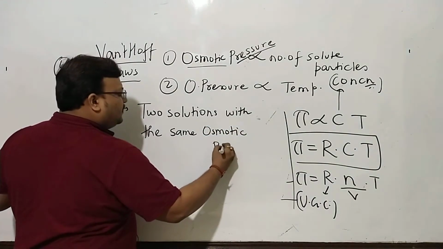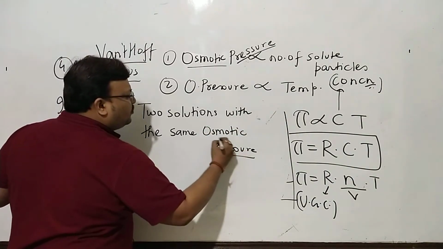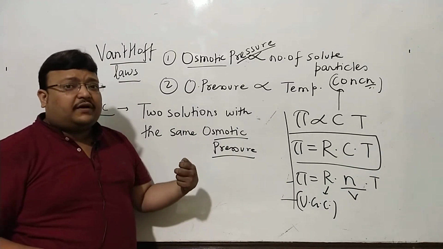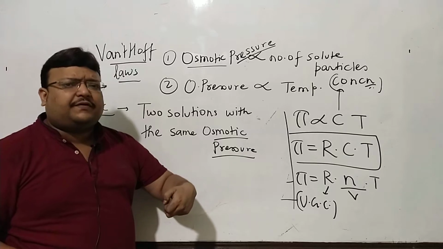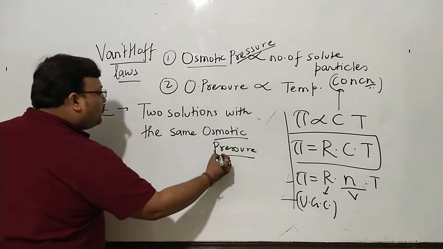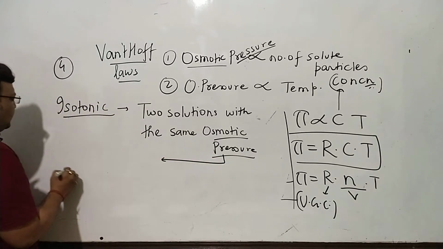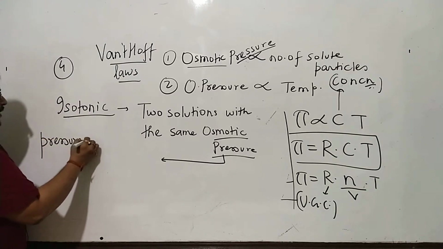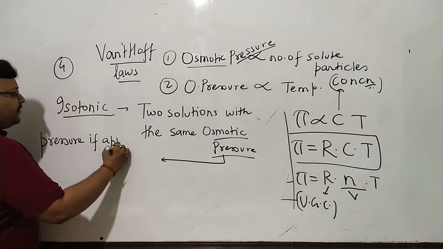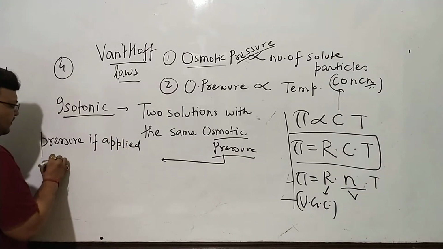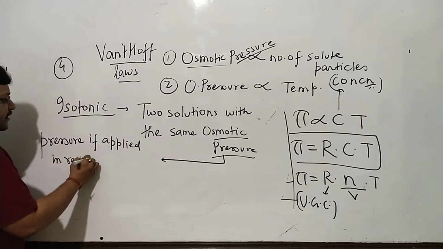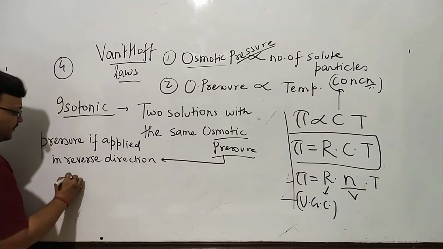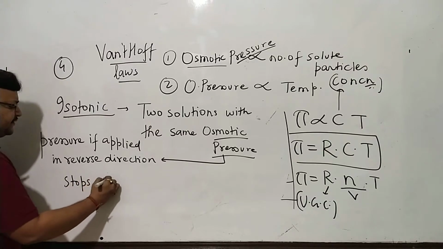Now, osmotic pressure could be defined as the pressure with which osmosis happens, or it is so many times defined as the pressure applied in reverse direction that stops osmosis.